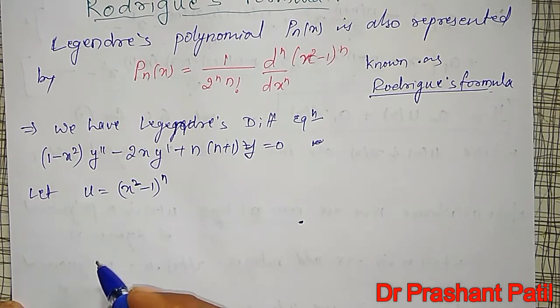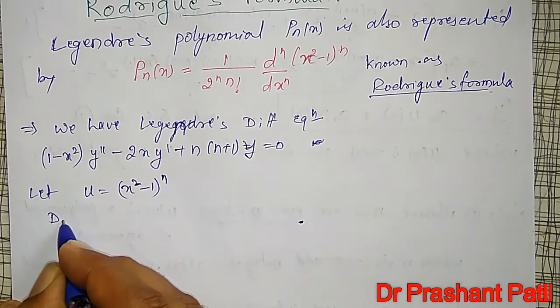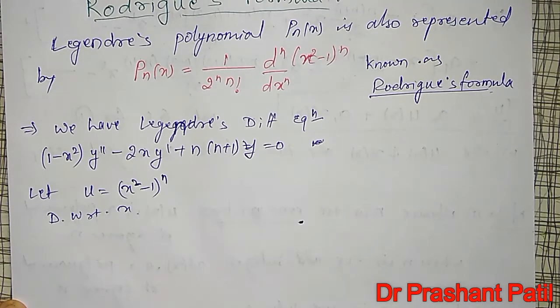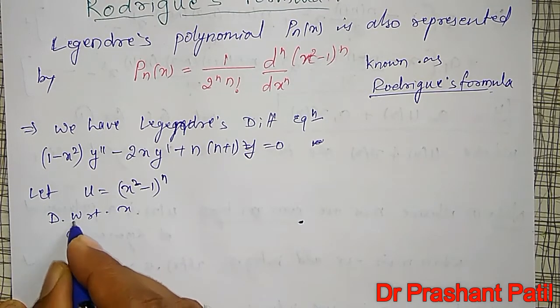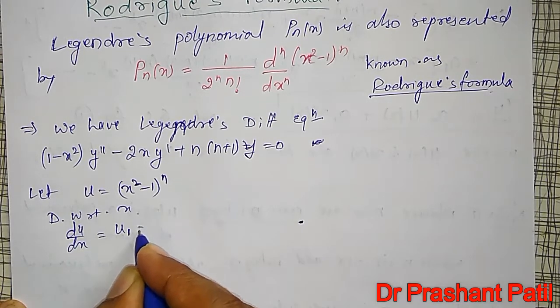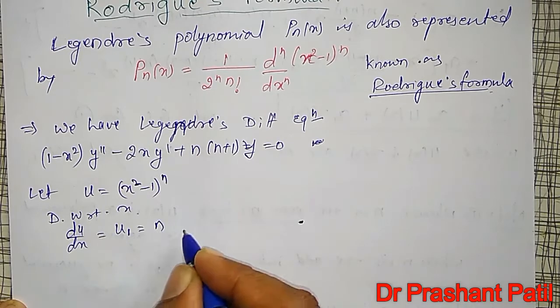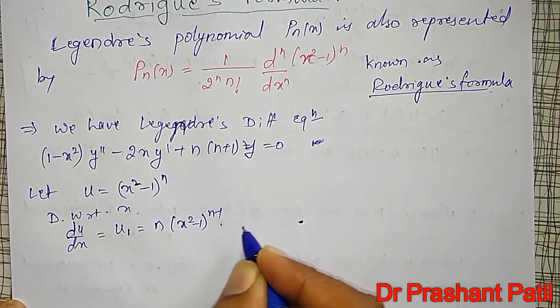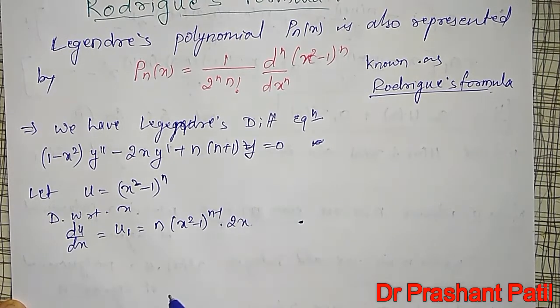Now, differentiating with respect to x, I am going to get u1, or du by dx, equal to n into (x square minus 1) raised to n minus 1 into 2x.